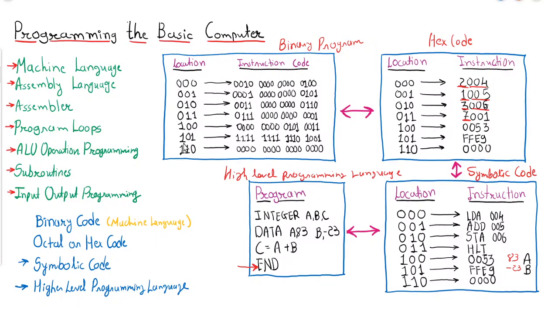It is very difficult to remember binary patterns for everything. So the purpose of these various programming languages, symbolic code, hexadecimal code, or binary code, is to represent the same data at different levels, so it can be used by everyone.